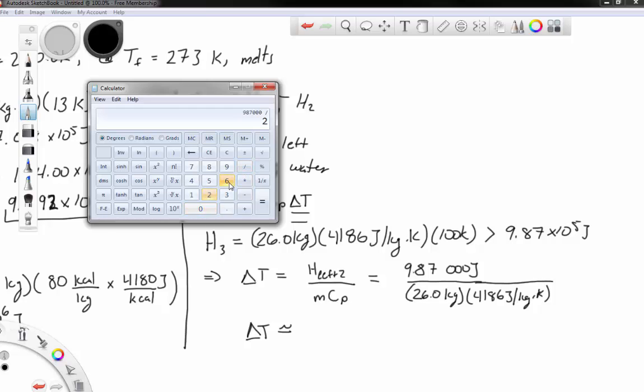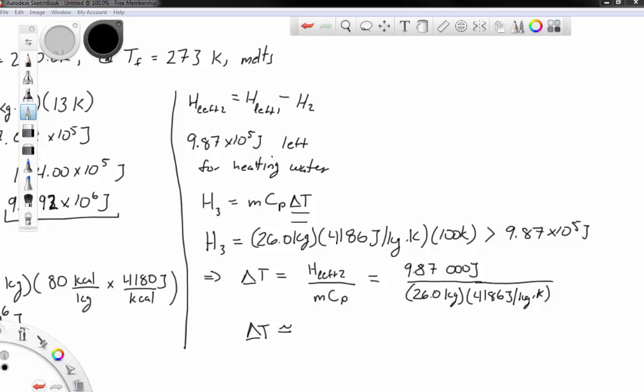We're dividing by 26 kilograms, and we're going to divide that by 4,186 joules per kilogram Kelvin. What we get is 9.06869 and so on. Really, we should be putting out about 3 significant figures here. So we can say 9.07 Kelvin.